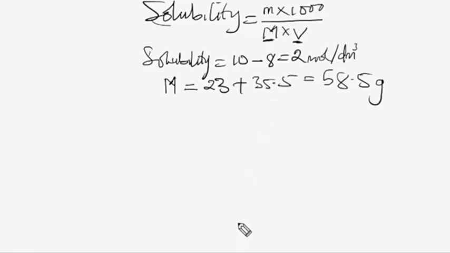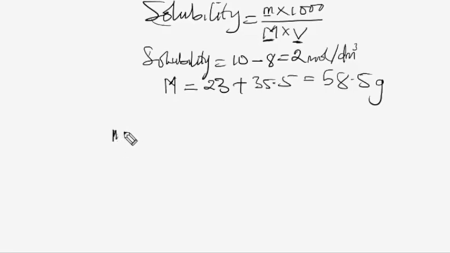The only thing we are looking for now is the mass of the substance, or the mass of the crystals. So we are going to make the mass the subject of this equation.